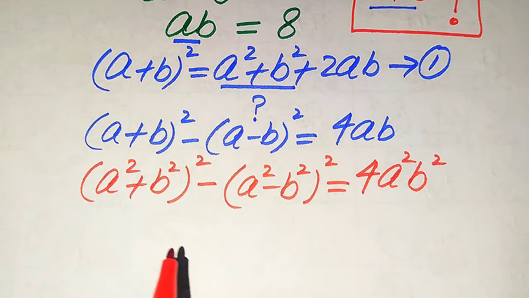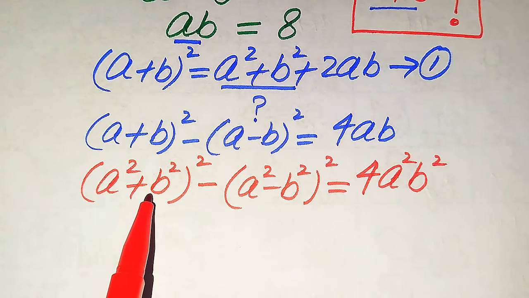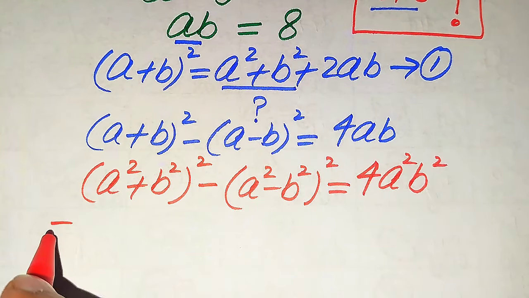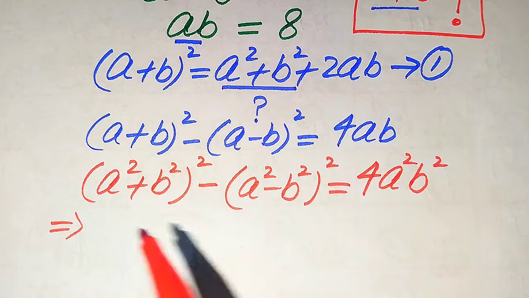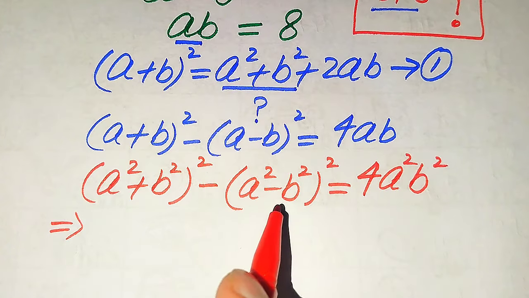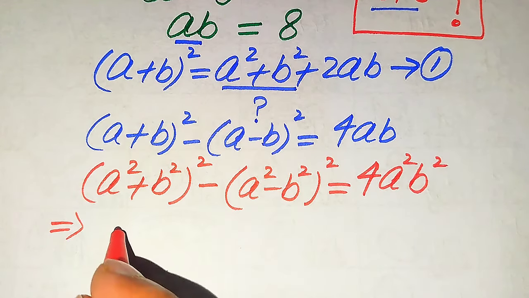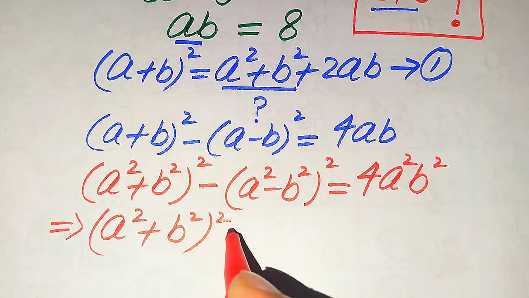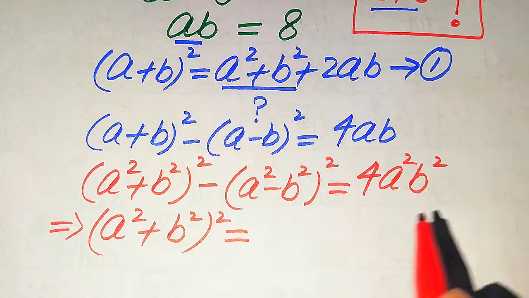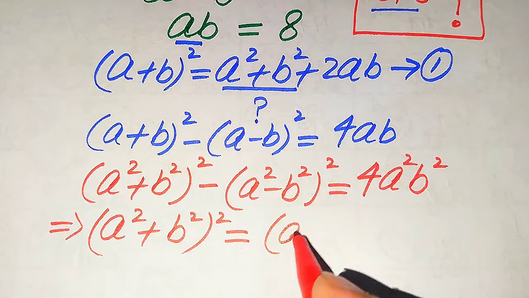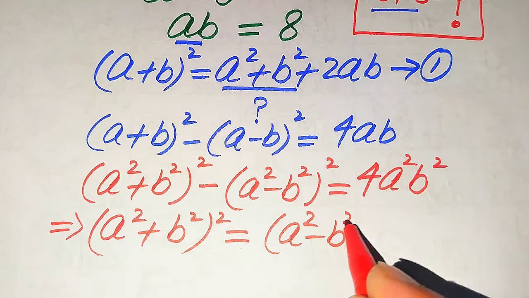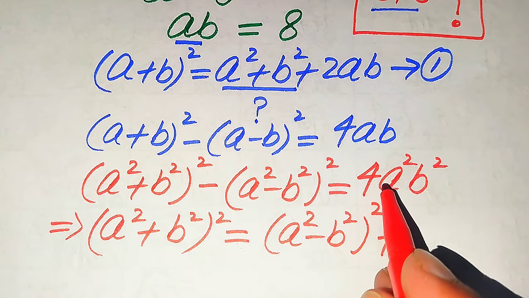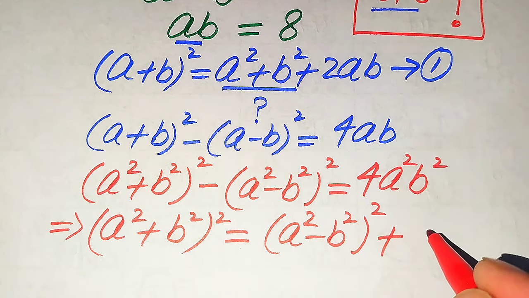Now our target is to find the value of a square plus b square. So we need to move this value to the right hand side. So first we move this value to the right hand side and it will be written as (a square plus b square) whole square equals, this is a negative term, when we move it to the right hand side it becomes positive, (a square minus b square) whole square plus, we write this 4 times a square b square in this form.